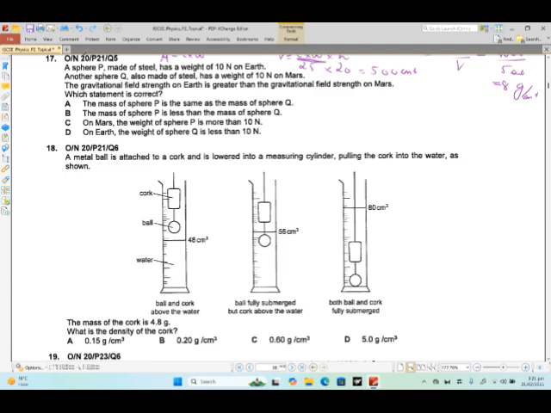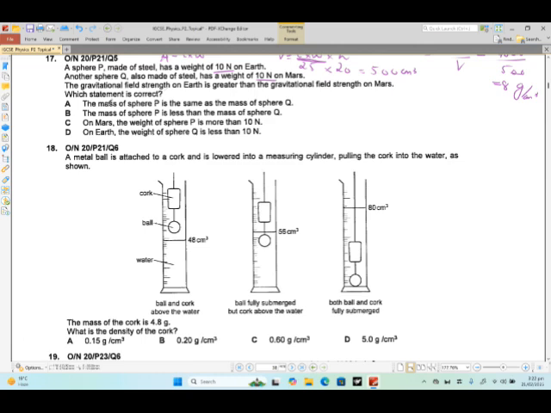A sphere P made up of steel has a weight of 10 newtons on Earth. Another sphere Q, also made of steel, has a weight of 10 newtons on Mars. The gravitational field strength on Earth is greater than the gravitational field strength on Mars. That we already know. Which statement is correct?